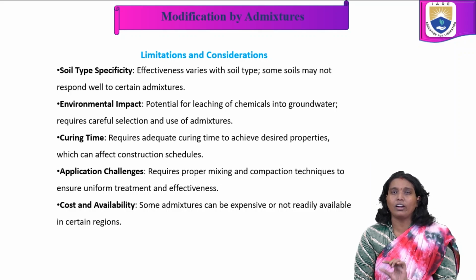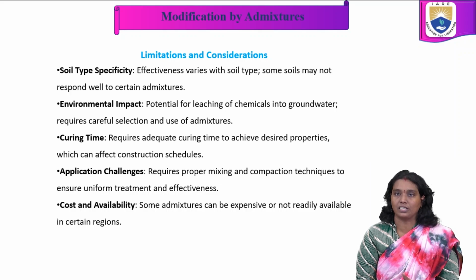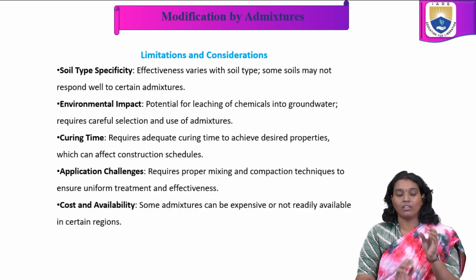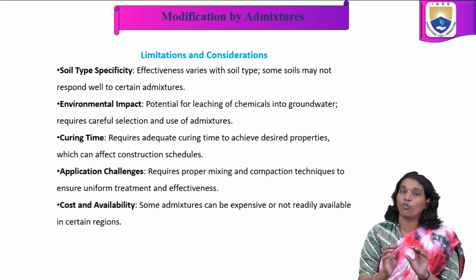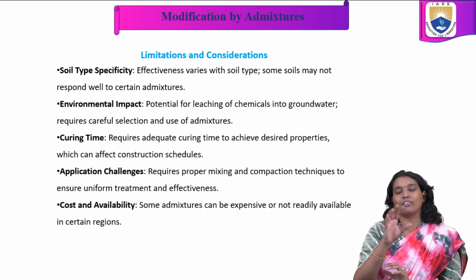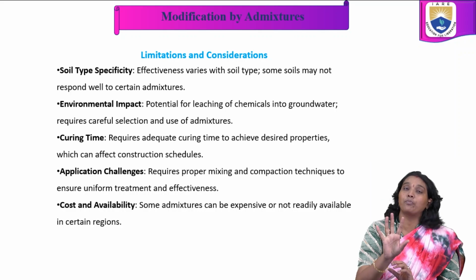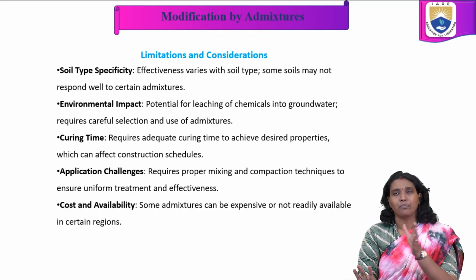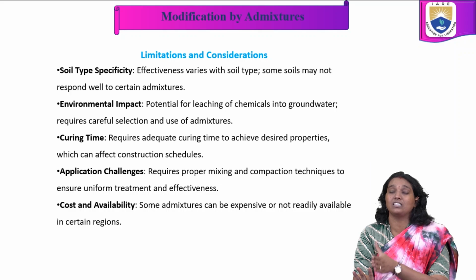Some soils may not respond well to certain admixtures. So it depends on the type of soil, what kind of admixture it is, and what the desired property is. These required properties are the parameters, and these are also the limitations.